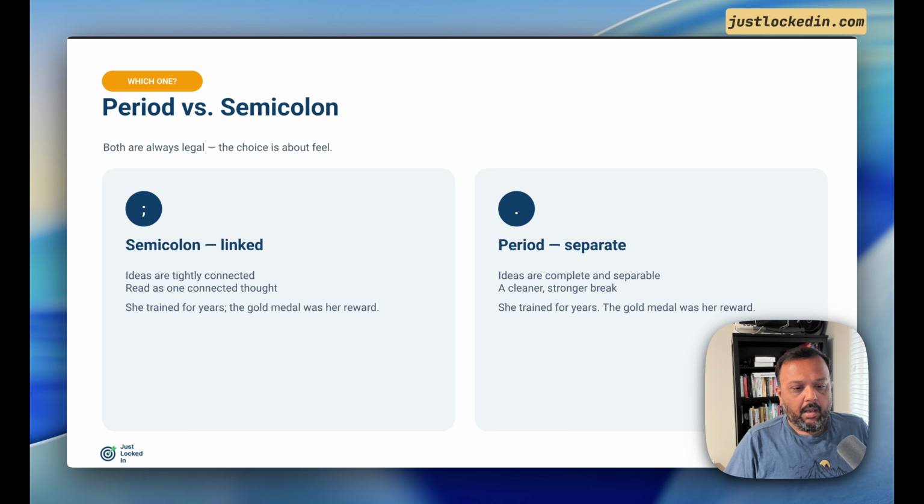You are not asking them to connect these two ideas and say that it was the training that led to the gold medal. Even though it's obvious, we have to look at the context of the whole passage where these two sentences sit. But here, by putting a semicolon, we make that very obvious, and we don't leave it to the reader's guesswork.